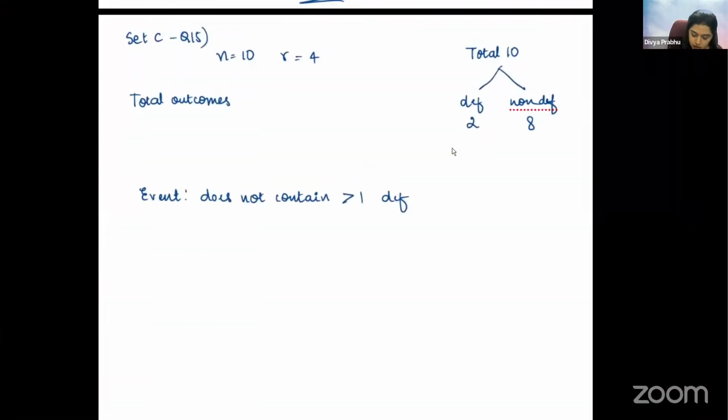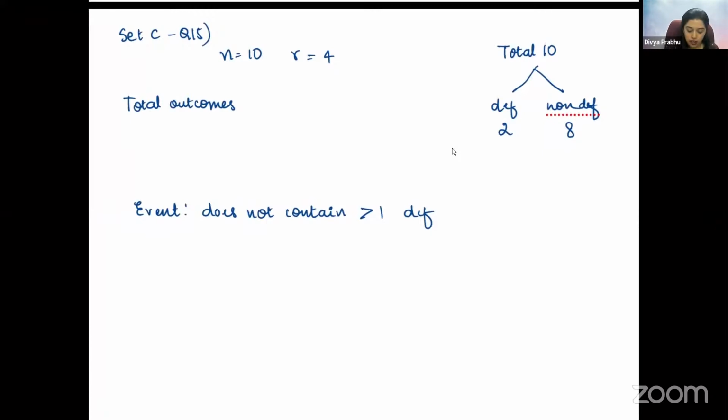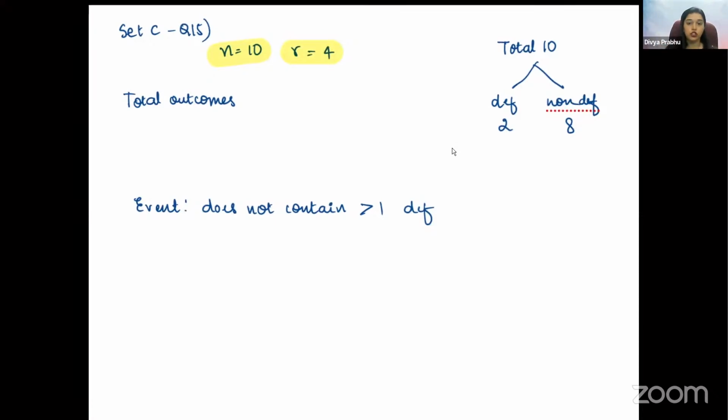I told you, first of all, write what is N, what is R. N is equal to 10 components. R means how many selections you are making. Now you have to pick a sample of 4 components, so R will be equal to 4, right? Once you get this, I told you always go for total outcomes.